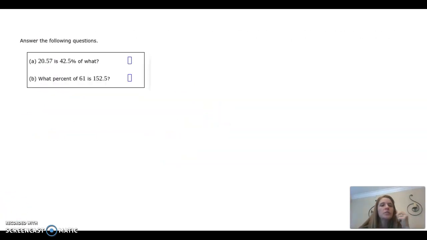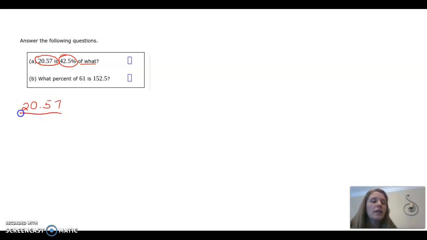The other percent problem I got, or question I got, was to answer these questions. So remember how we did the is over of equals percent over 100. So here's my is, here's my percent, I'm missing my of. So 20.57, that's my is, over my of, I don't know, equals my percent over 100.